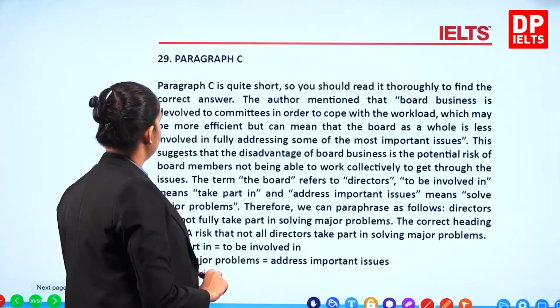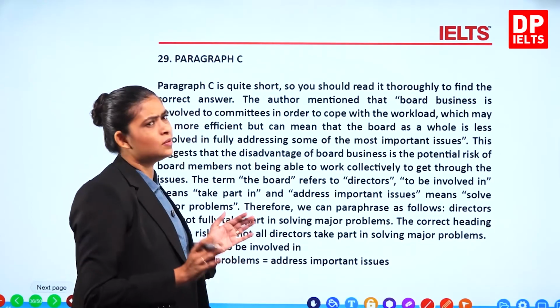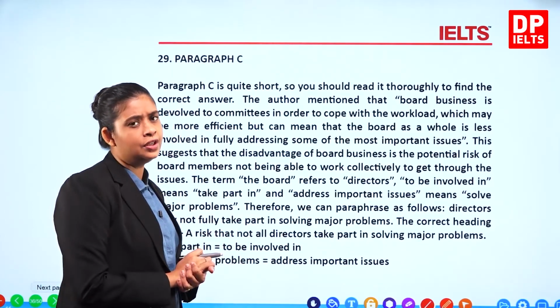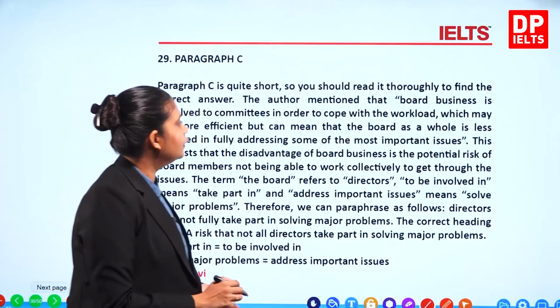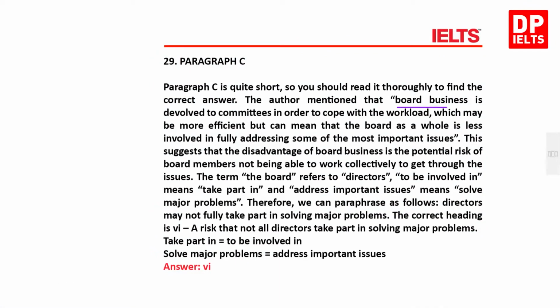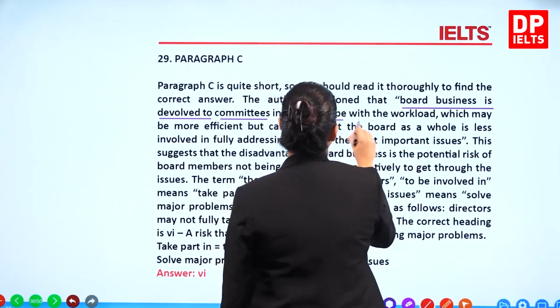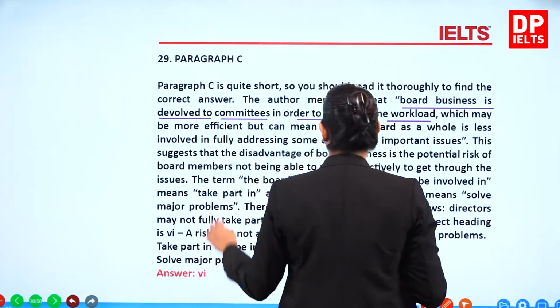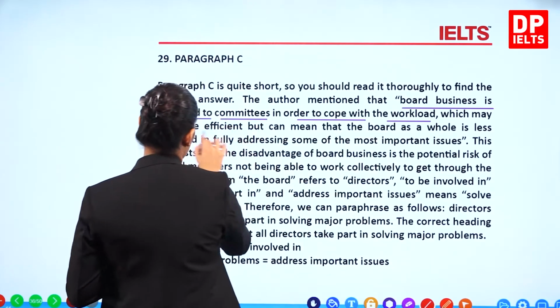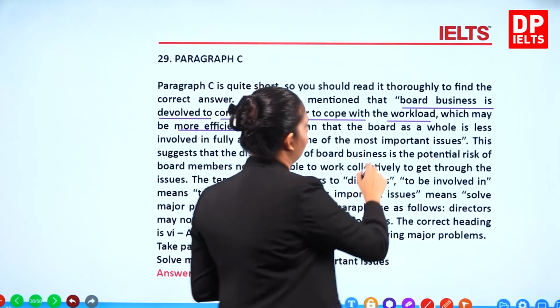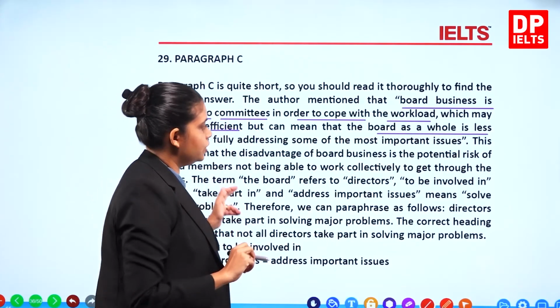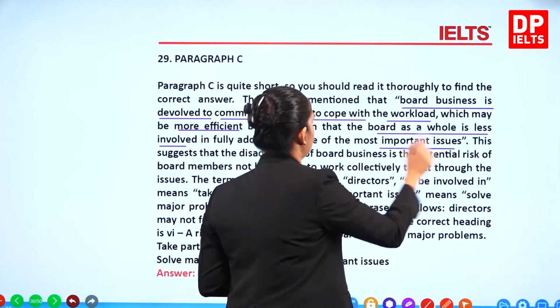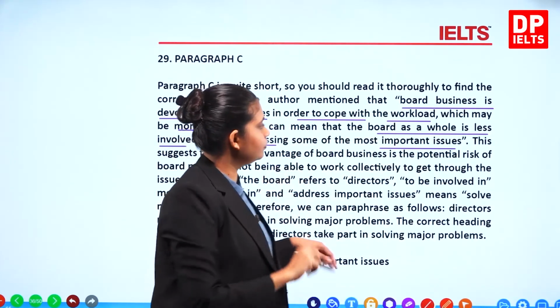29, paragraph C. Paragraph C is quite short, so you can read it thoroughly to find the answer. The author mentioned that board business is devolved to committees in order to cope with the workload, which may be more efficient but can mean that the board as a whole is less involved in fully addressing some of the most important issues. Right?